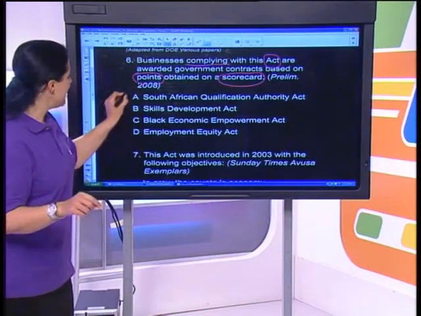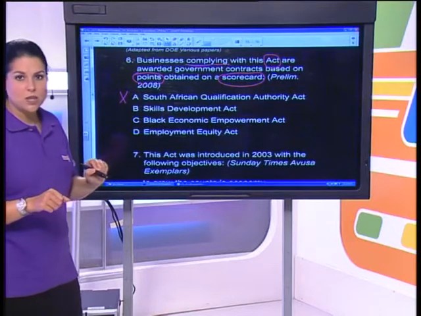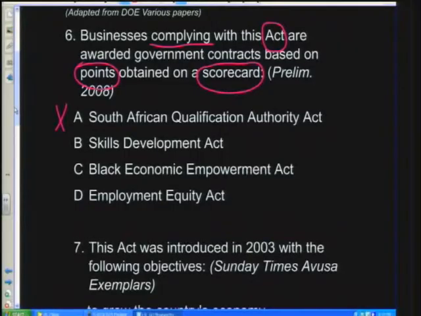So this has nothing to do with the scorecard, so we know it's not A. The Skills Development Act, we spoke about this. It is to improve ourselves, to further ourselves, and we don't keep a scorecard to say if our employees are going on training. The Black Economic Empowerment Act, and then the last one says the Employment Equity Act.